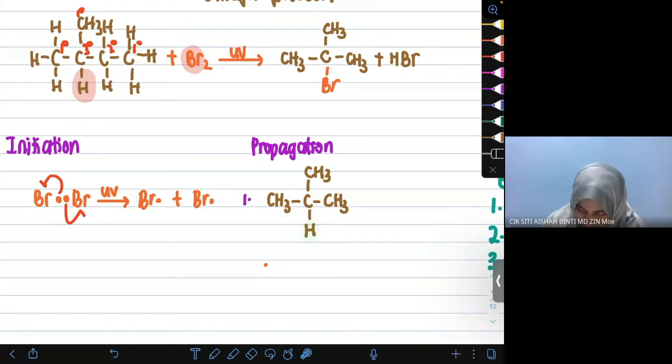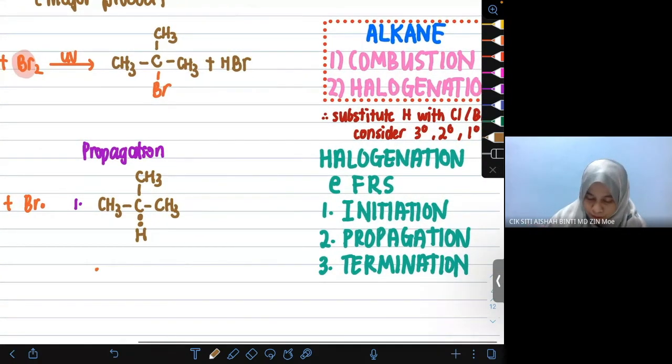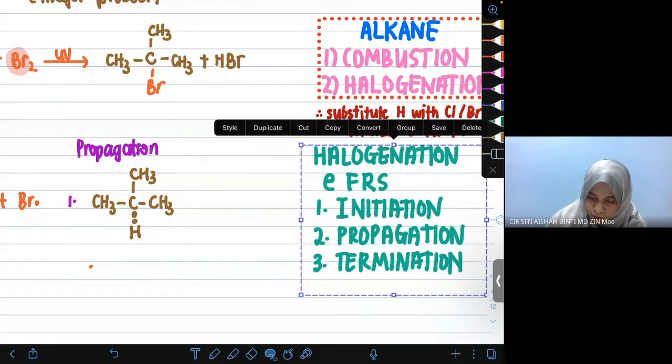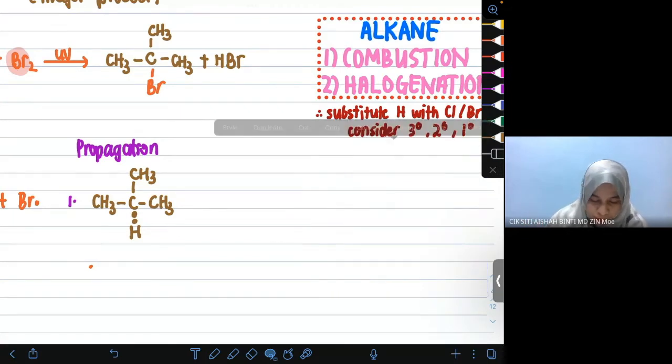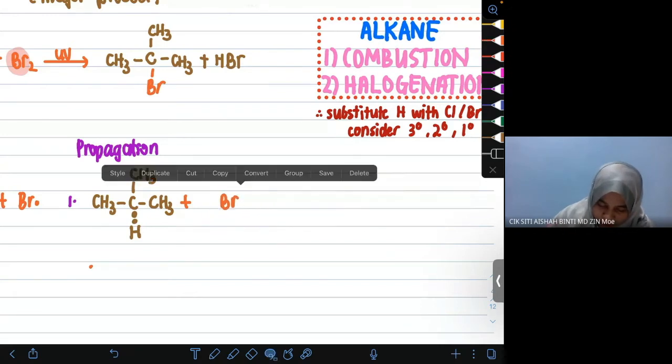So dekat sini, Miss memang terus tukar, dia jadi 2 electron here, 1, 2. Alamak, tak muat pula. Delete. Okay, so we will react it with our radical tadilah. Bromine radical. So radical tu nak buat kat mana, dot tu kat mana-mana pun boleh.